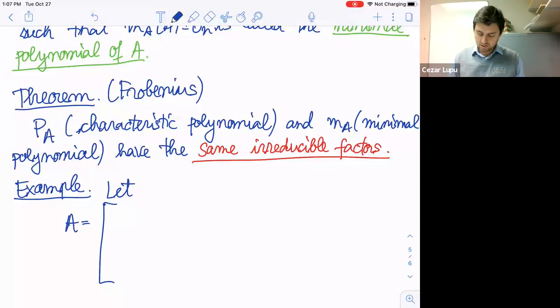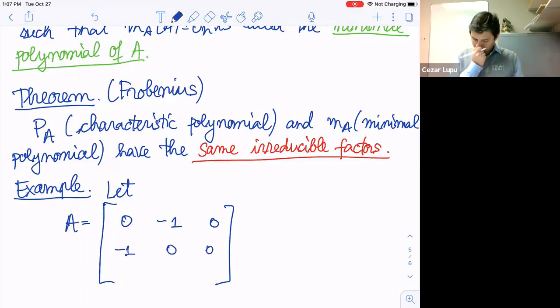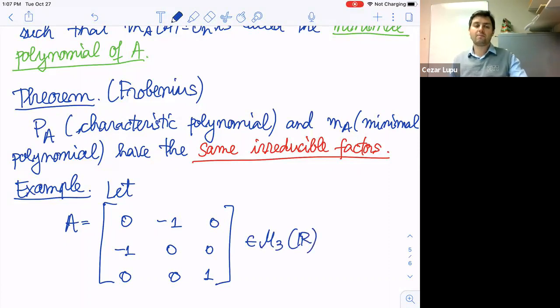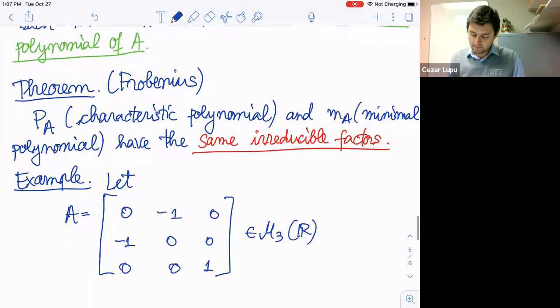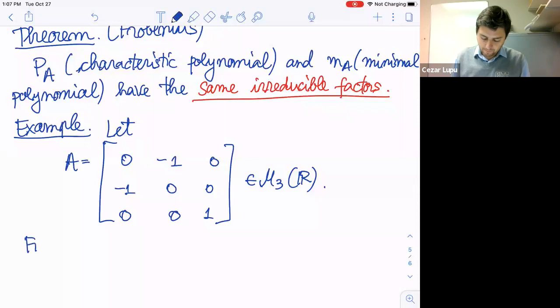Let's say 0, -1, -1, 0, 0, and 0, 0, 1. So this is in M3 of R. Clearly, these are, in fact, even in C, but anyway, it doesn't matter. And now we would like to find the minimal polynomial of A.